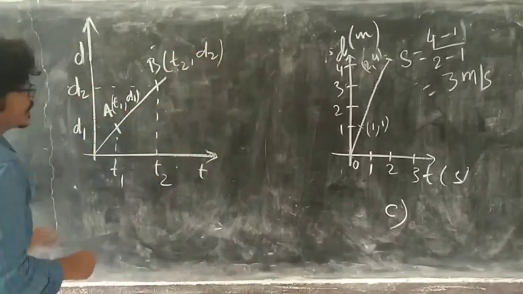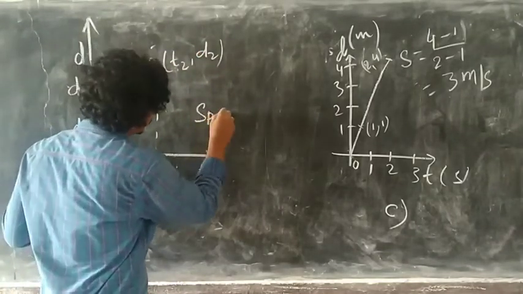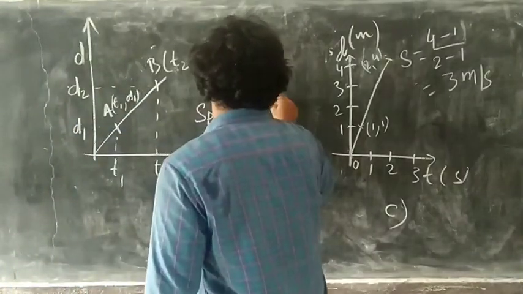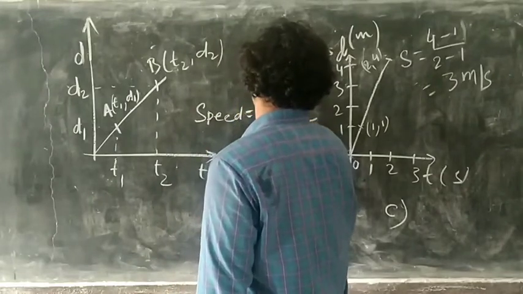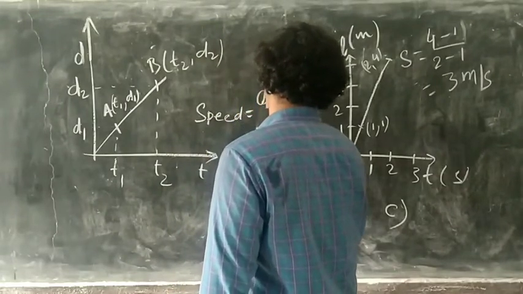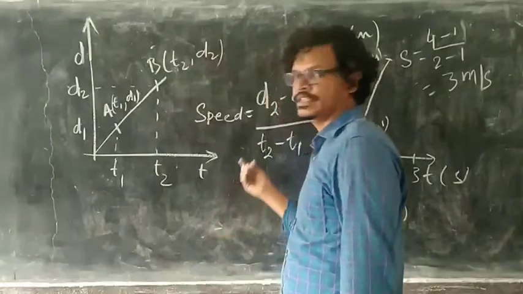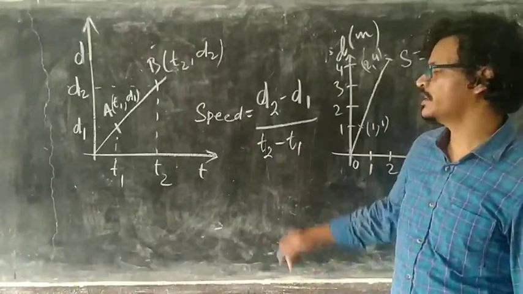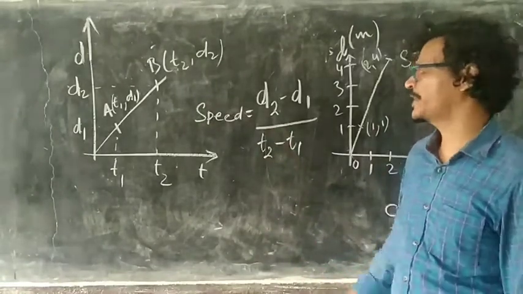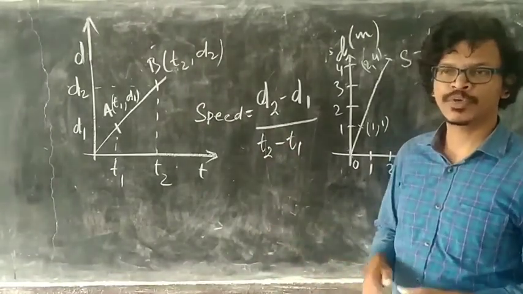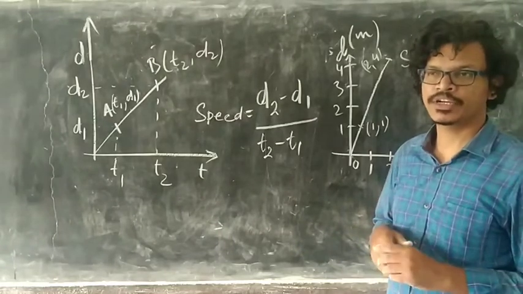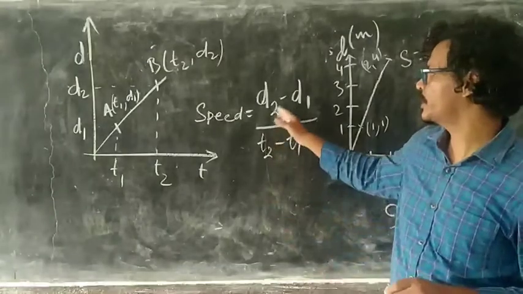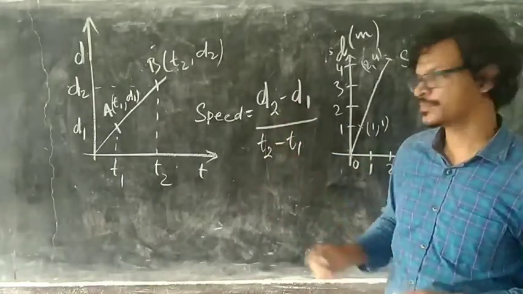So speed is given as D2 minus D1 by T2 minus T1. This is the speed from the graph. How to find it? Take any 2 points on the graph, find out the coordinates of those 2 points, and then apply the formula speed equals d2 minus d1 by t2 minus t1.